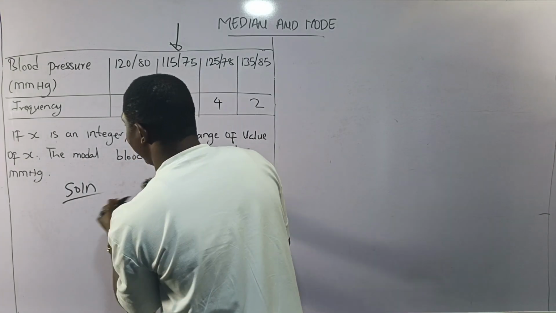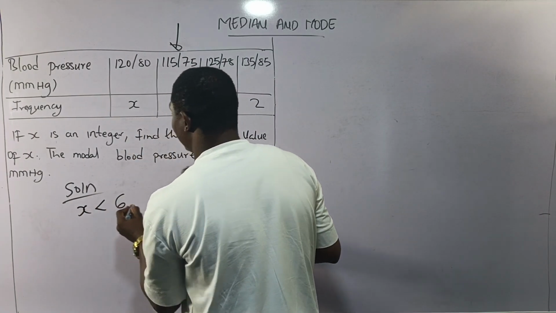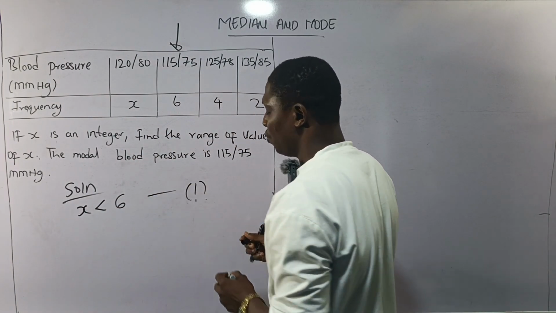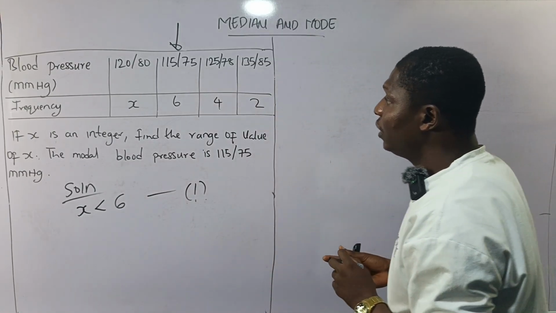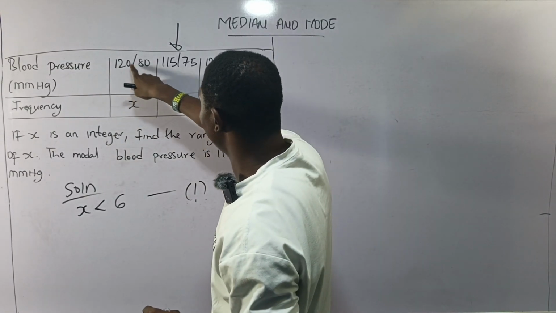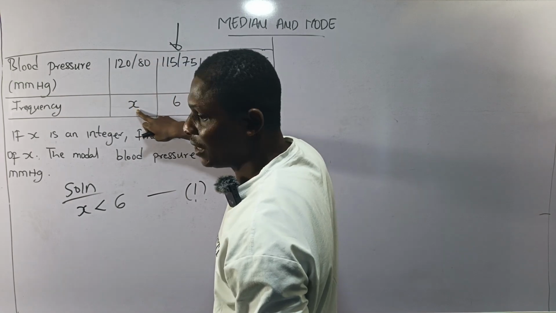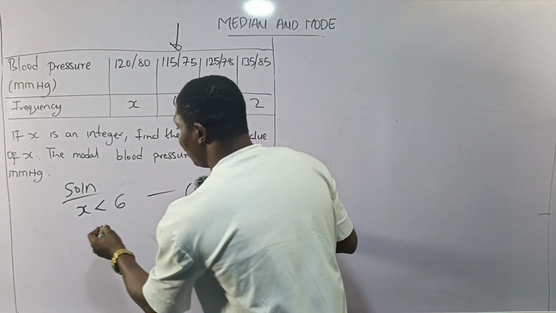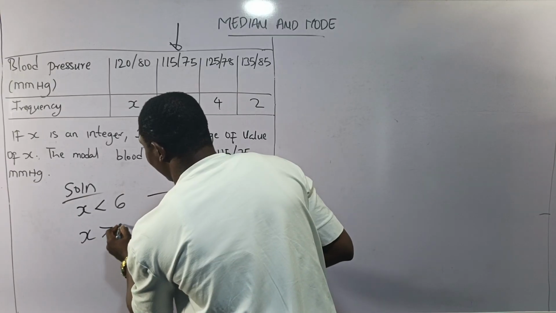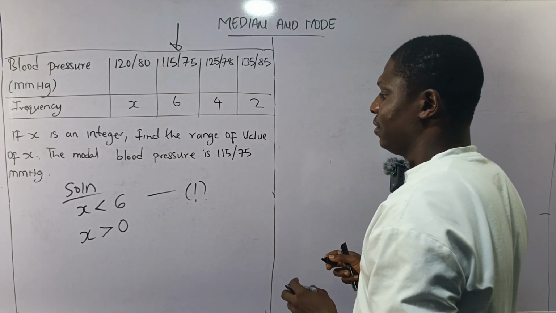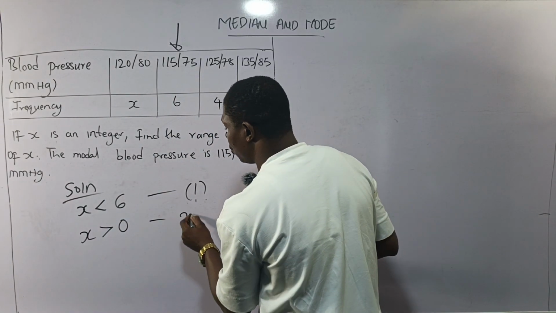So we can say our x will be less than 6. Let's take it as equation 1. And also, since 120 over 80 exists, it means x must be greater than 0. So we have x greater than 0. This becomes equation 2.